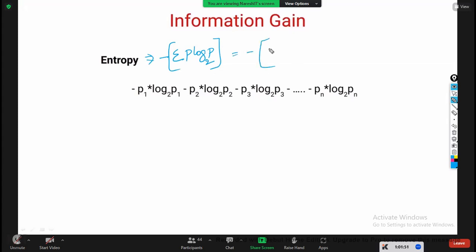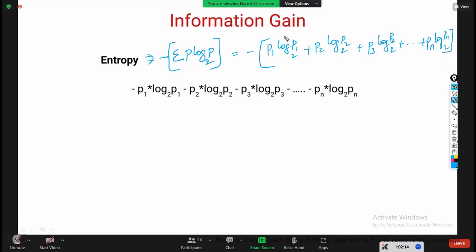If you take it like this, P1 log P1 to base 2 plus P2 log P2 to base 2 plus P3 log P3 to base 2, and so on up to Pn log Pn to base 2.